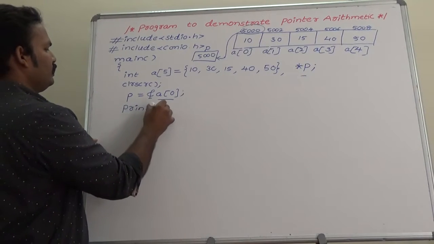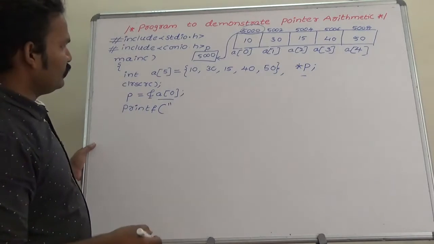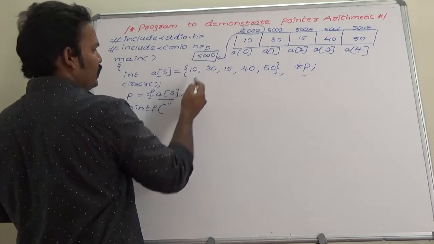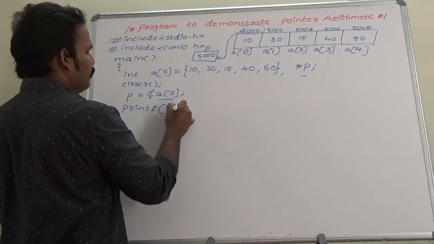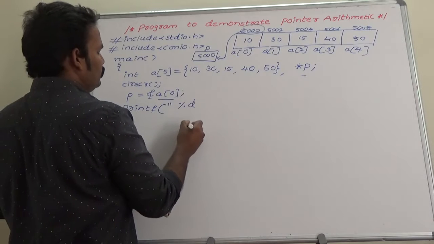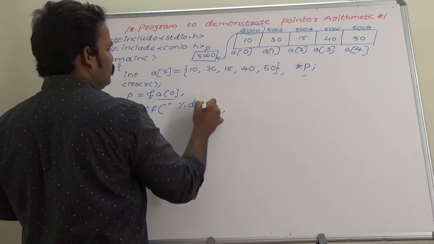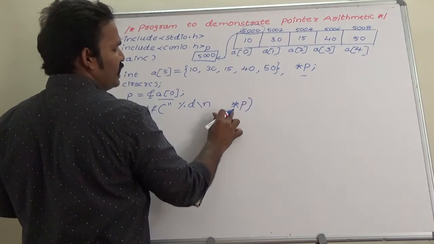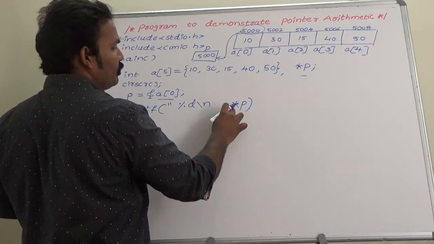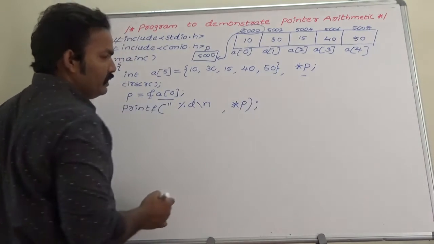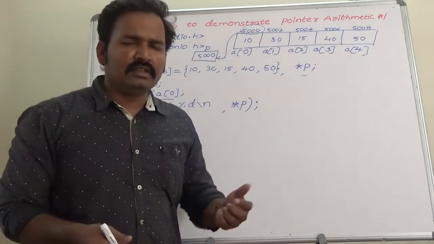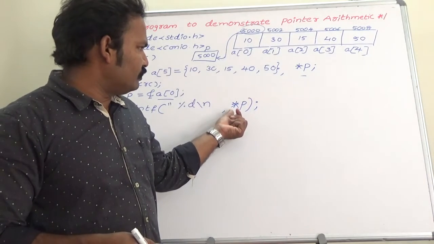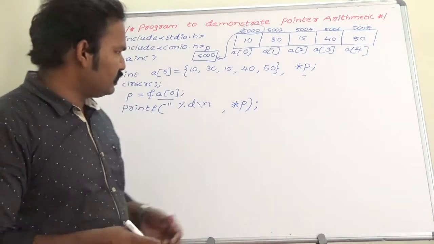Right. Next I am writing a printf statement to print the value which is stored at this particular address. Here %d, \n, comma, asterisk p: pointer operator, pointer variable. Already in the previous session we discussed this.